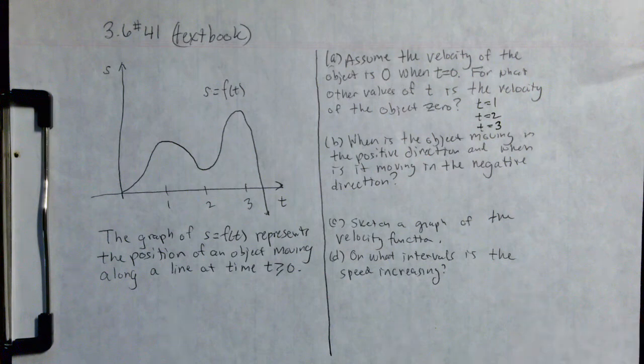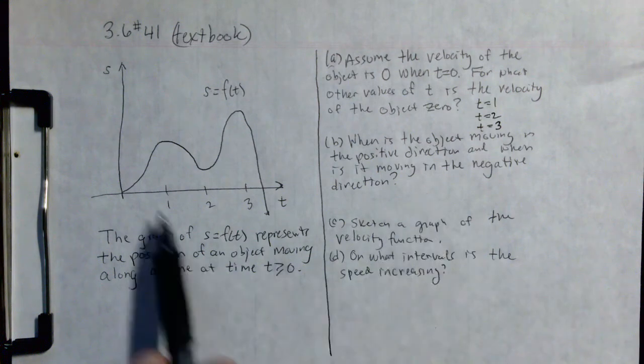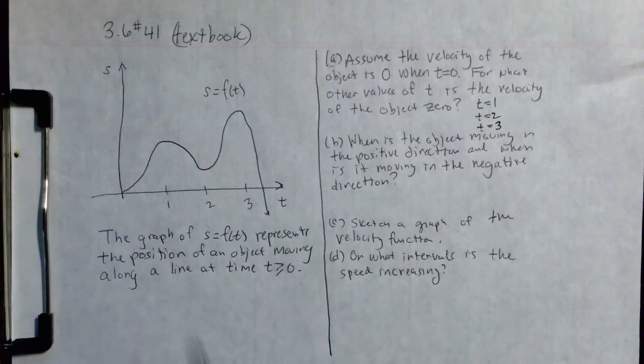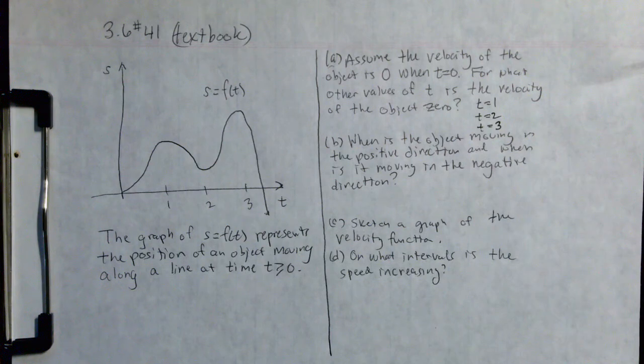Part B says, when is the object moving in the positive direction and when is it moving in the negative direction? Again, what we need to understand is that velocity is the derivative of position. So when it says when is it moving in the positive direction, another way to ask that would be, when is the velocity positive?